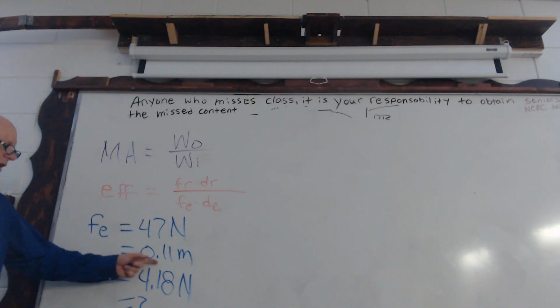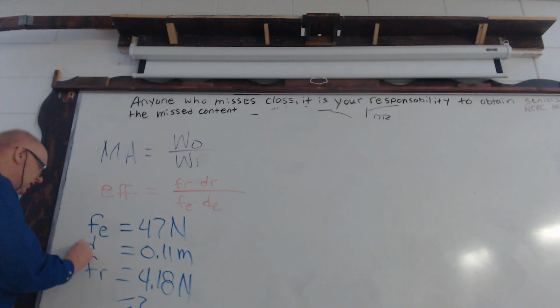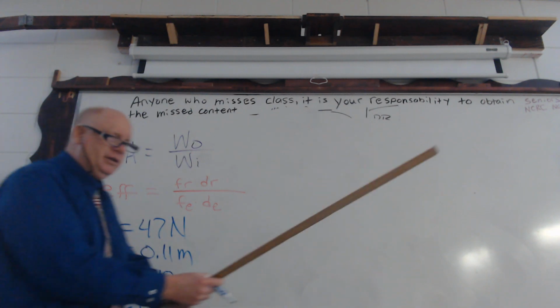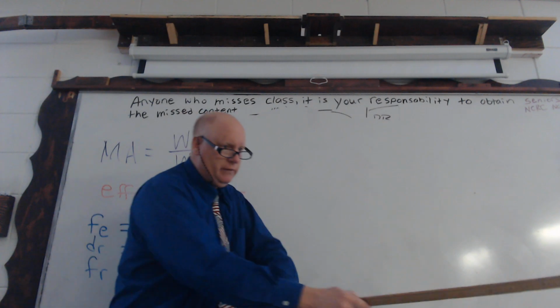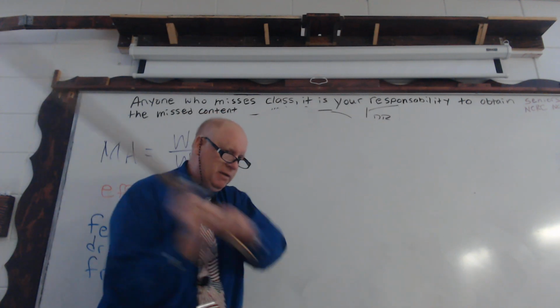Then does it say the axe moves into the trunk with 0.11 meters of resistance? Then that is a resistance distance. Then we want to know this arc that he's swinging with, coming back and going forward. It's not just a straight motion like this.